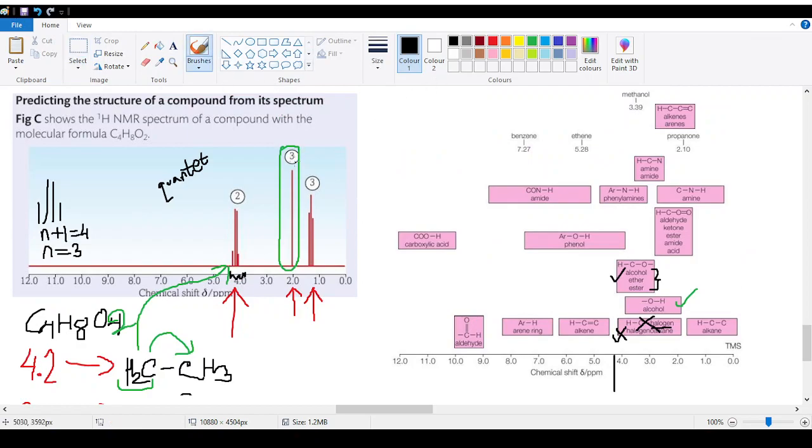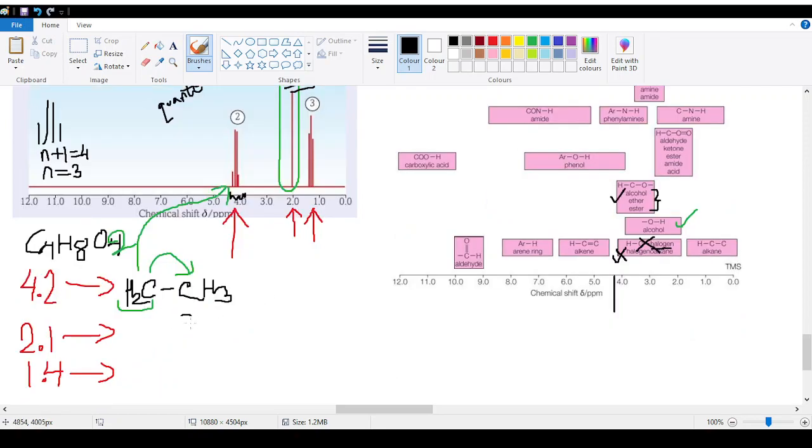Look at this. What did they say here? Three, right? Do you see the three written on top of the peak? That means three hydrogens were responsible for this peak, three hydrogens joined to the same carbon.